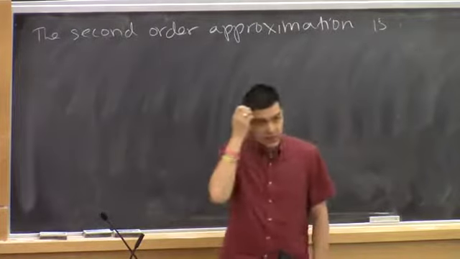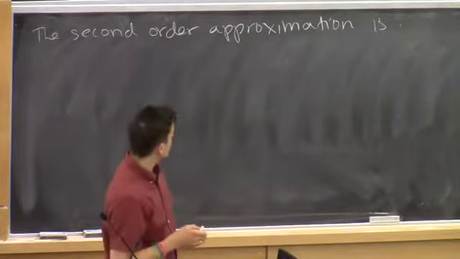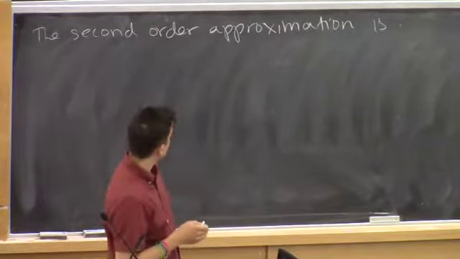I want to recall what this looks like for one variable. Sorry, just about our first order approximation, let's think back to what happens for one variable.